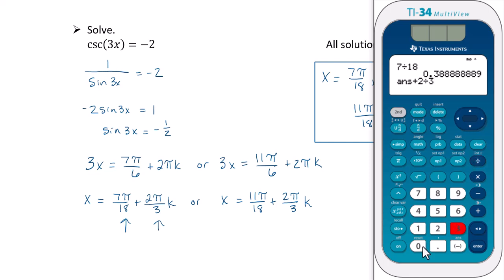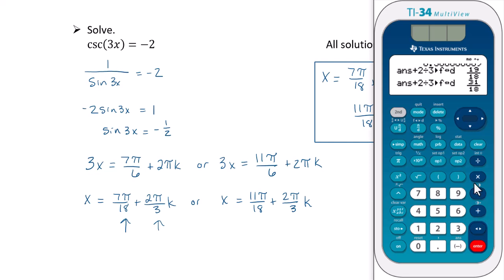We know that's 2/3 of a pi, but I'm just dealing with the fractions here. So adding 2/3, and make sure that you convert that decimal to fraction. There's your 19 pi over 18. And then we can enter that again, and there's the 31 pi over 18.